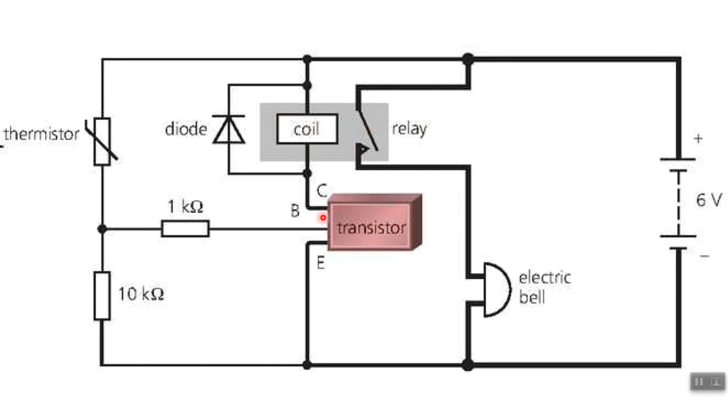So this is one switch, a second switch, and the relay switch turns on the switch over here, which turns on the electric bell. Now, practically, why we would use a circuit like this, I'm not too sure. Why we would use two switches instead of just one switch, I'm not exactly sure. But this is also a way to use the transistor.